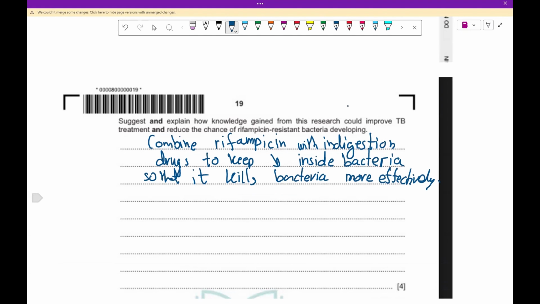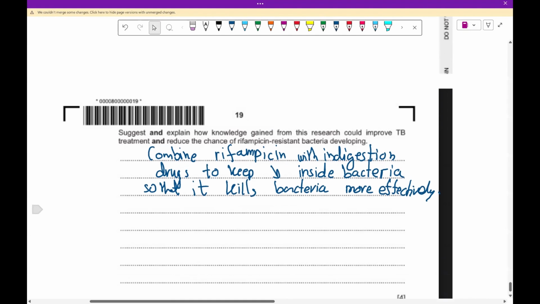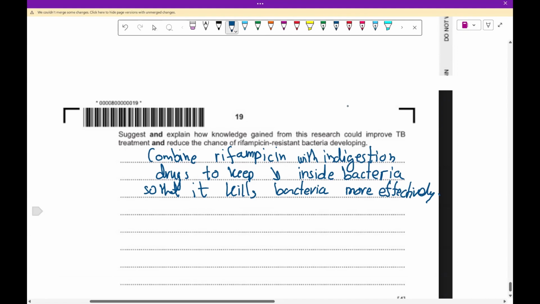And then you can also write that this will, and then they have asked for treatment, and if it kills the bacteria, that means it will have less time for mutation to occur.